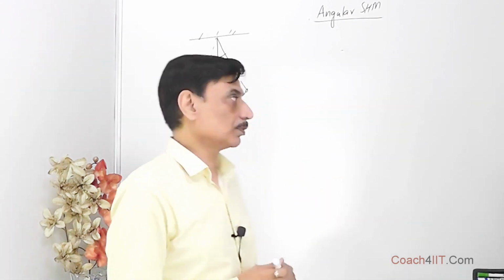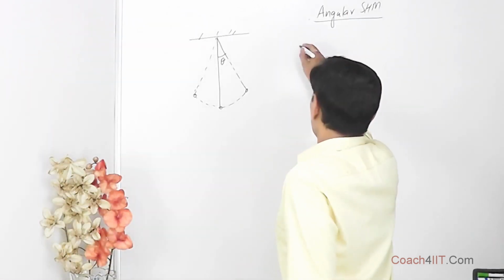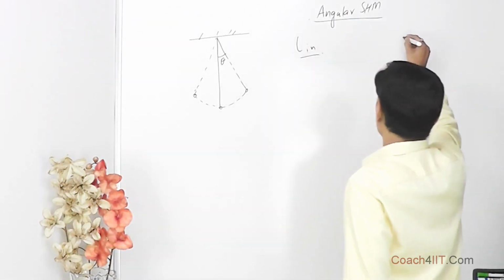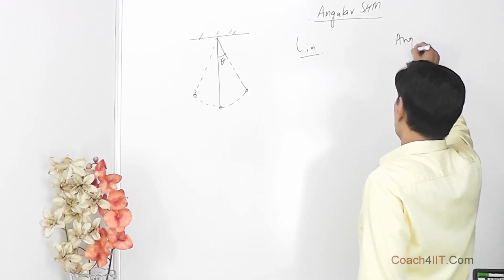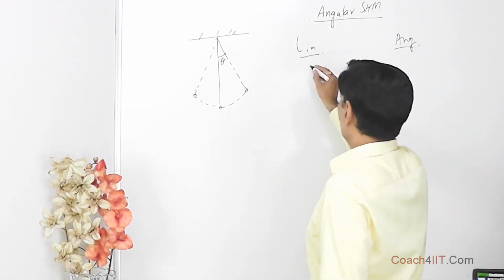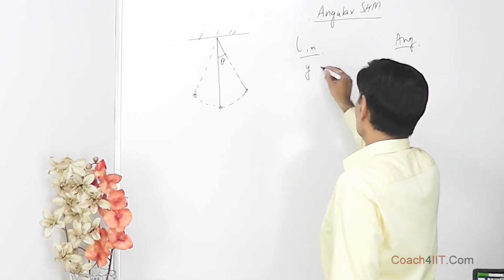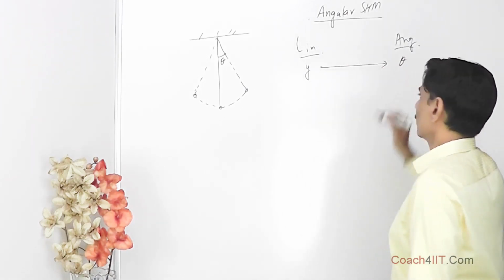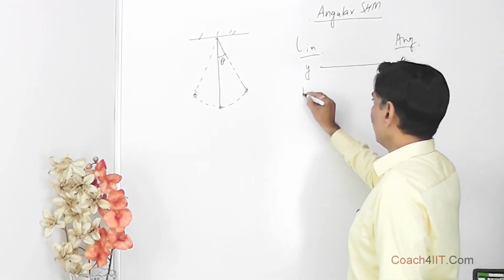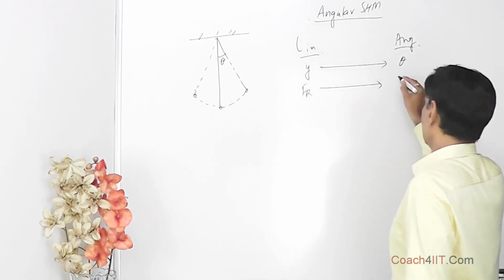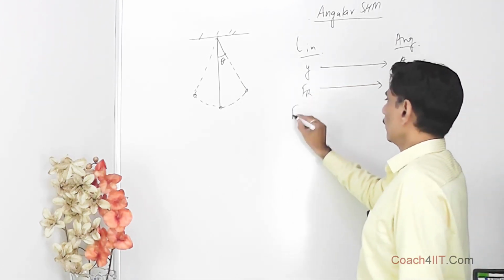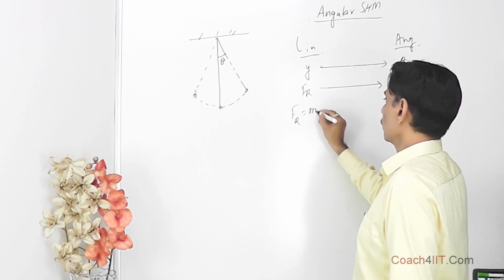Let's compare the two. Over here I say linear parameters, and over here angular or rotational parameters. Over here we displace the body by distance y, and over here you displace the body by angle theta. We find the restoring force, over here we find the restoring torque. We put restoring force F equal to mass into acceleration.